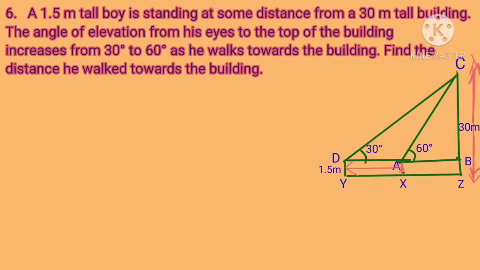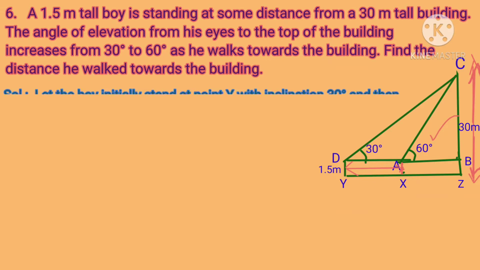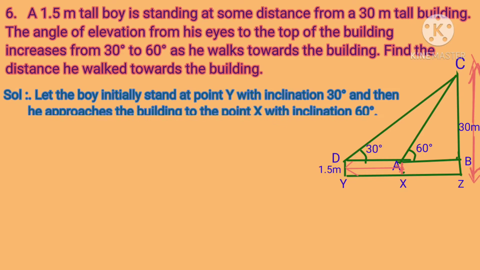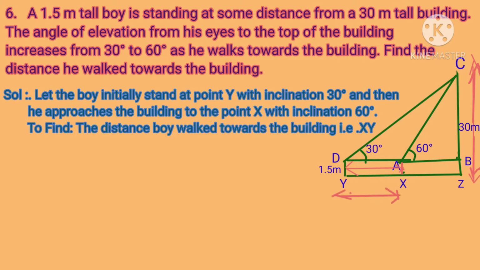Let the boy initially stand at this point Y with inclination 30 degrees, and then he approaches the building to the point X with inclination 60 degrees, and we have to find the distance walked by the boy towards the building, that is this distance XY.